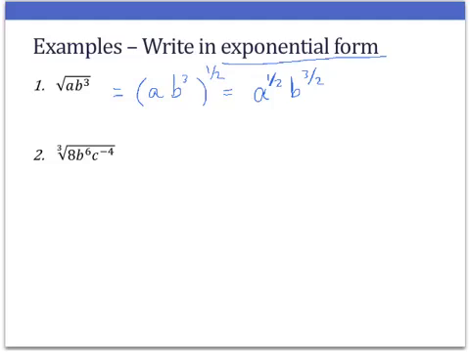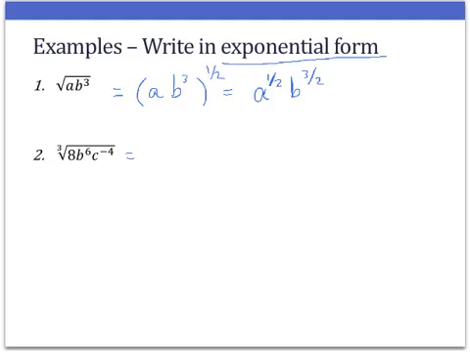Okay, now this next one, I want to write in exponential form. And I have a number. We had a lesson before where we actually reduced a lot of things.